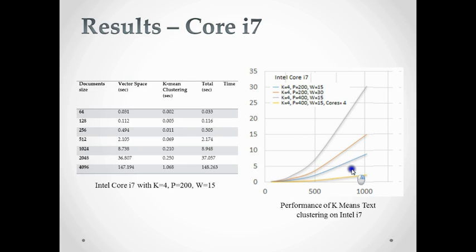You could see that the fastest one is with the 4 cores, and the one which takes maximum time is a cluster with 4, and the number of words is 200. You could check out the timing on the left side in the table.